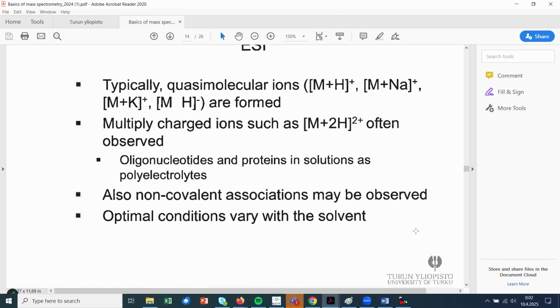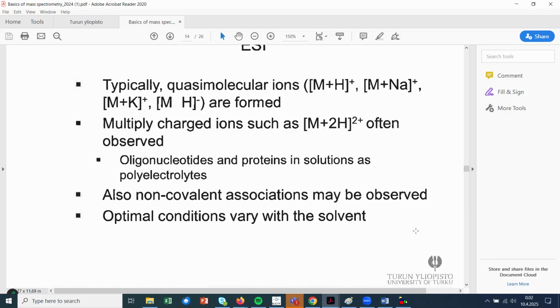There are examples of ionization techniques that themselves make fragments, and the other example is electron ionization, which is just like that. But ESI is very gentle, so gentle that we can sometimes also observe non-covalent associations. Even they might stay together in the process of this ionization.